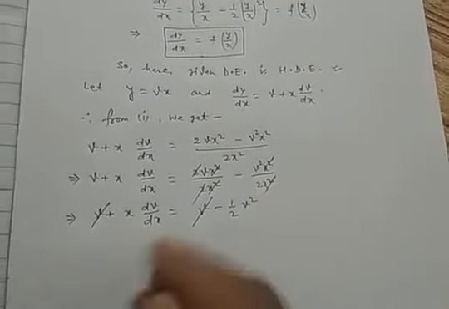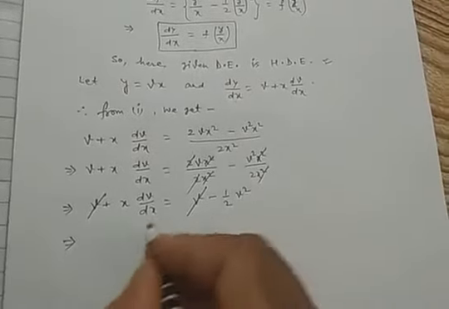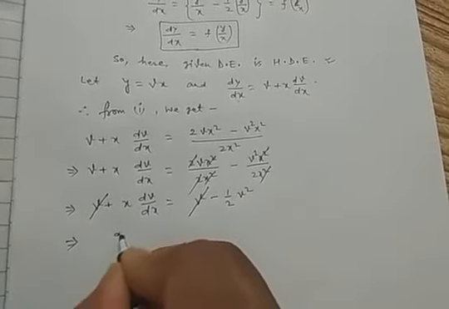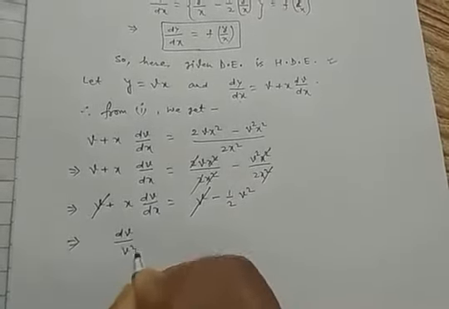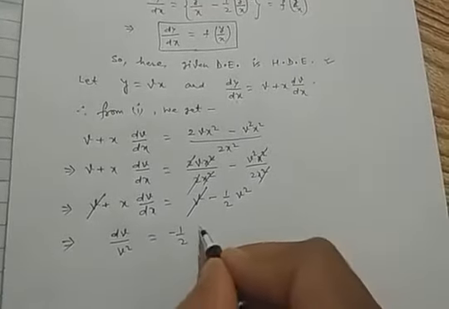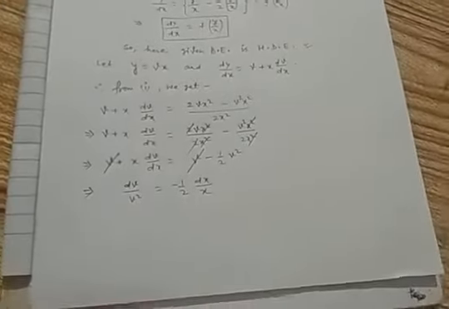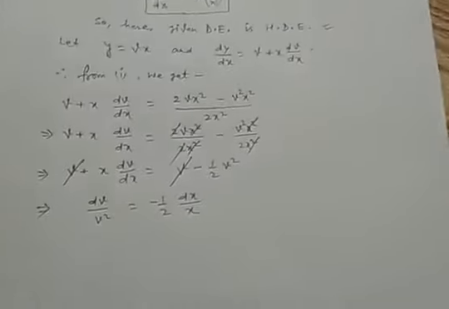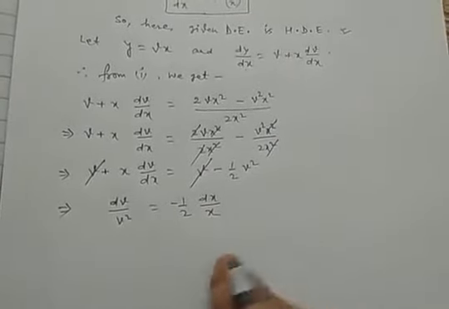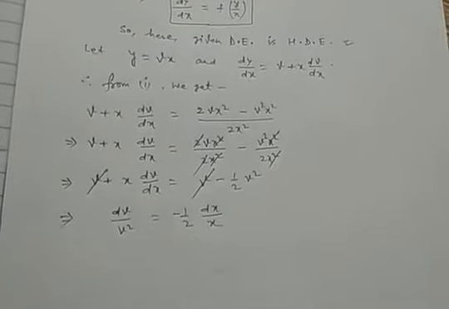So we can write it as dv upon v square equal to minus 1 by 2 dx upon x. Okay, now students, for getting the solution, we have to integrate it.